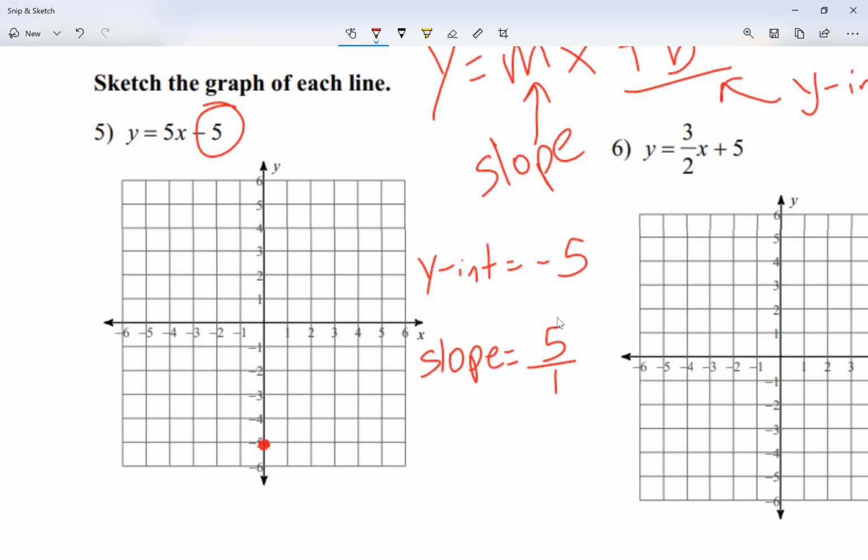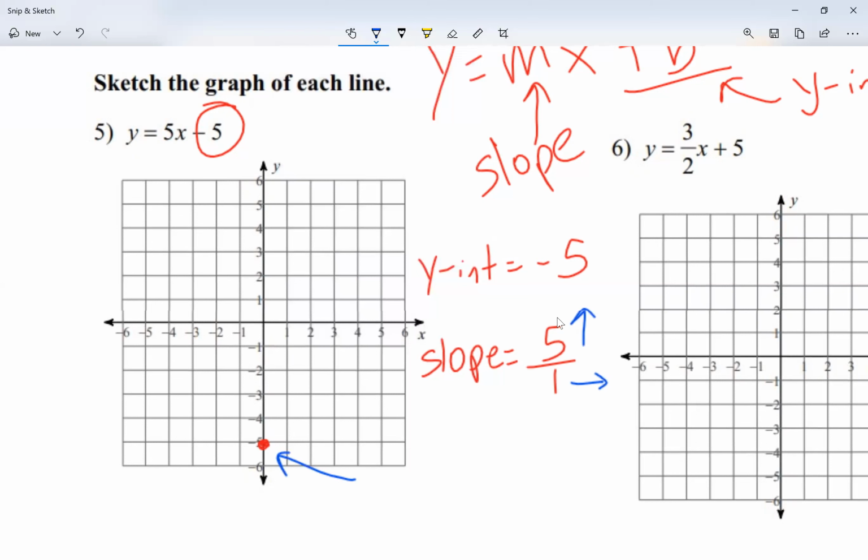Rise over run. Now, this thing says go up 5 and 1 to the right. So from the point that we have, so I'm talking about this point, let me go up 5 and 1 to the right. I can count my spaces. That's going to give me that point.